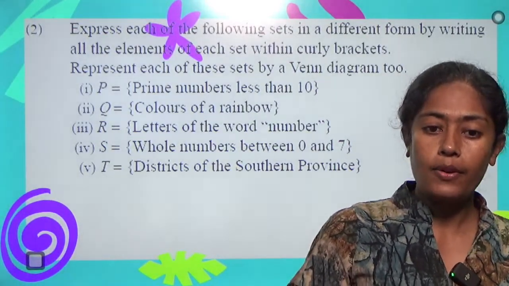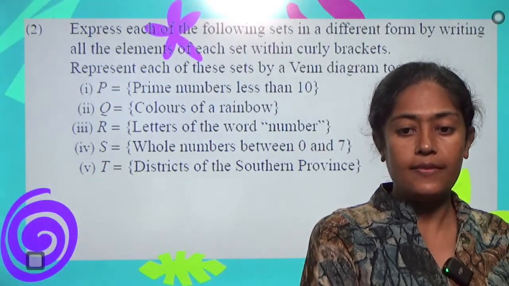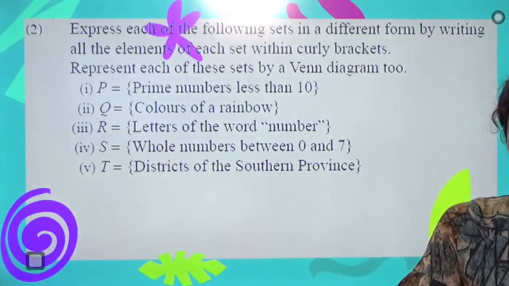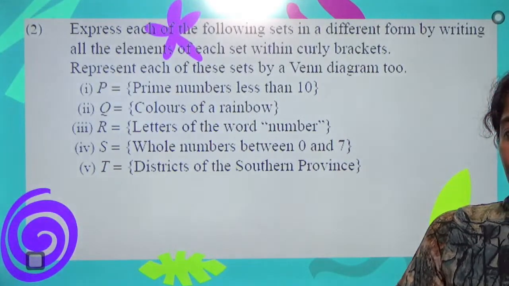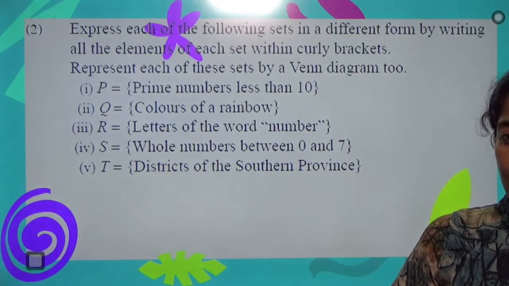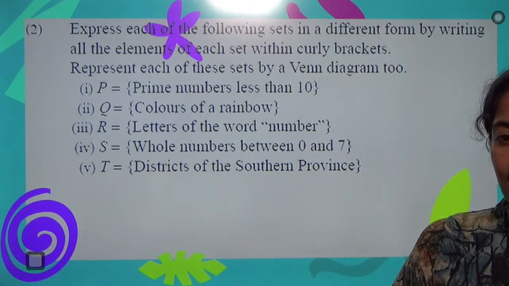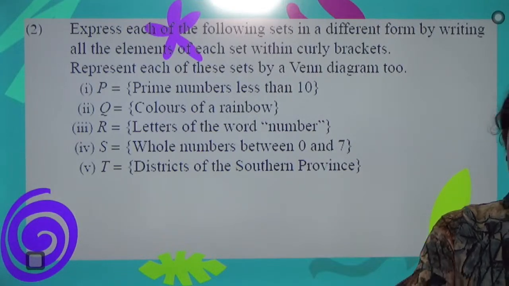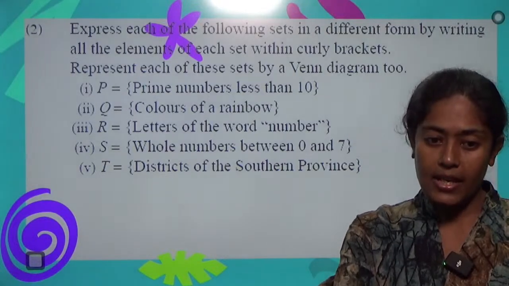So, they have given description method, right? That means the second method we have learned last day, is that right? Yes. They have explained what is within curly brackets. So, we have to list out the elements.